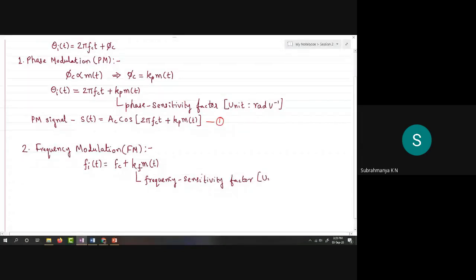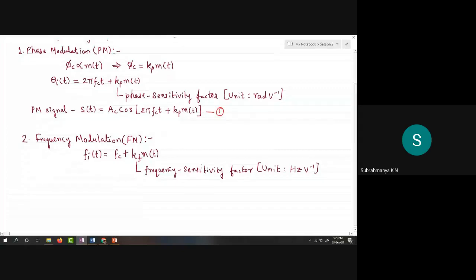With respect to the unit, it's very similar to the previous one, but the unit in this case would be radians. Sorry, this is not radians. What could be the unit of this? Since this is a frequency, the unit will be hertz per volt. That's correct. So this will be hertz per volt.